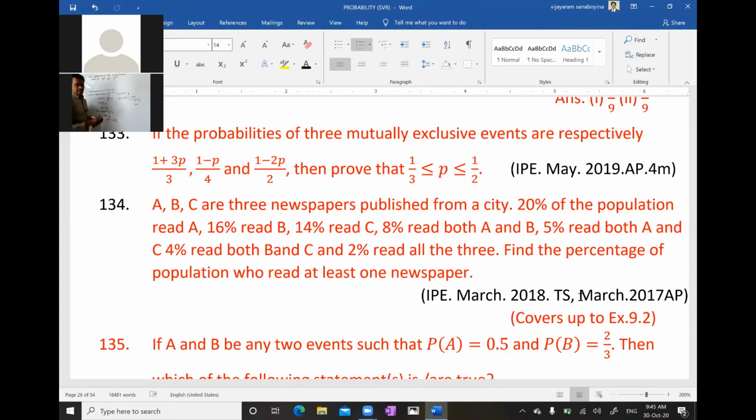What we're asked is to show or prove that 1 by 3 is less than p less than 1 by 2.